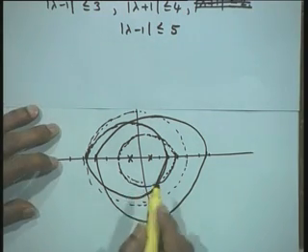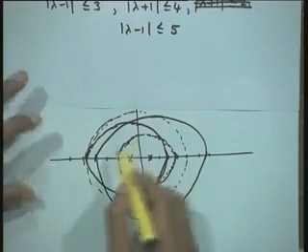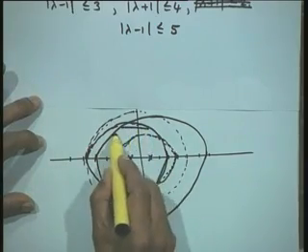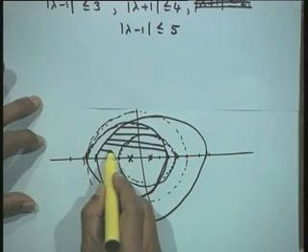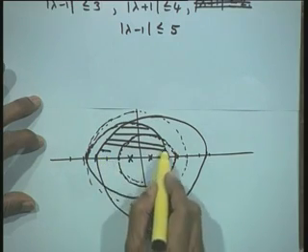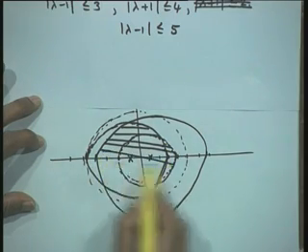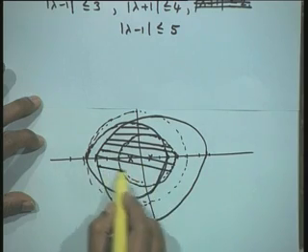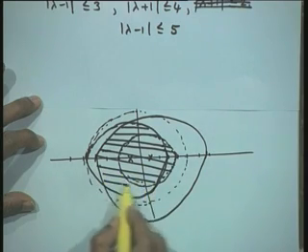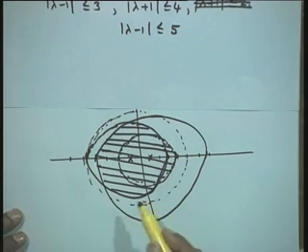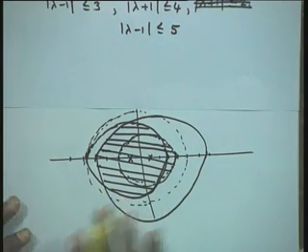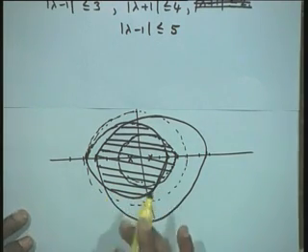Now, I want the intersection of all of them. What is common for all of them is only this. It should lie in all of them, all the independent bounds, it should lie.